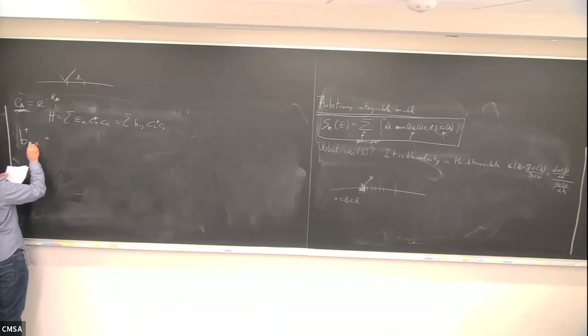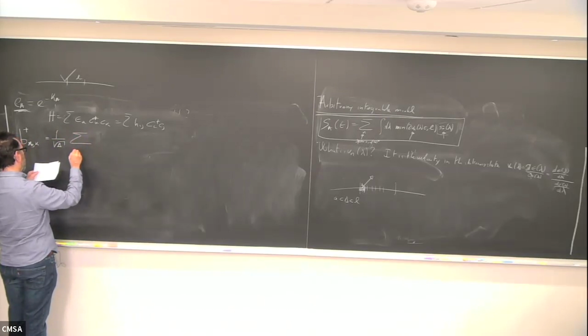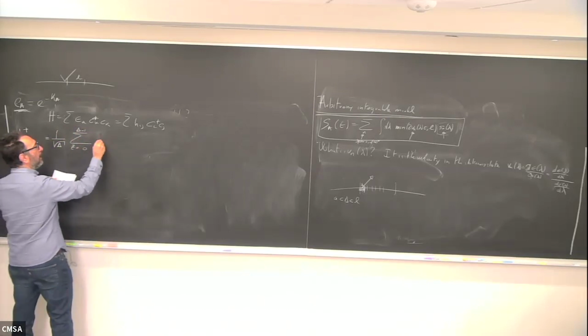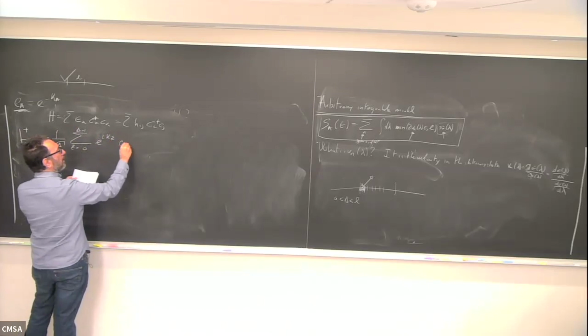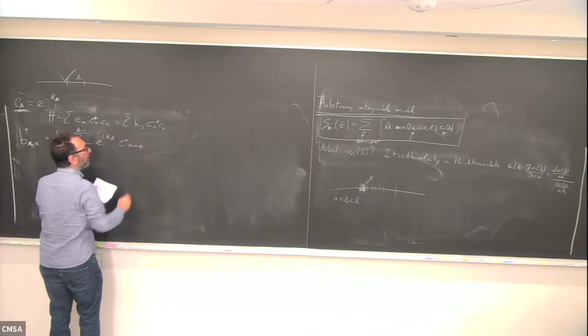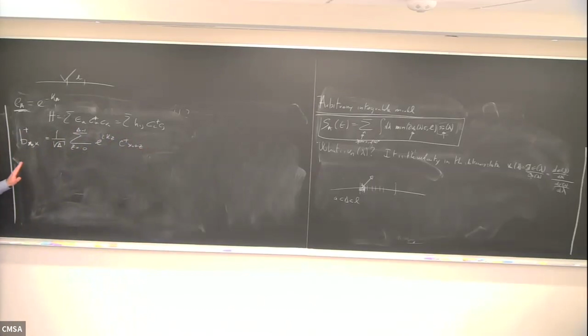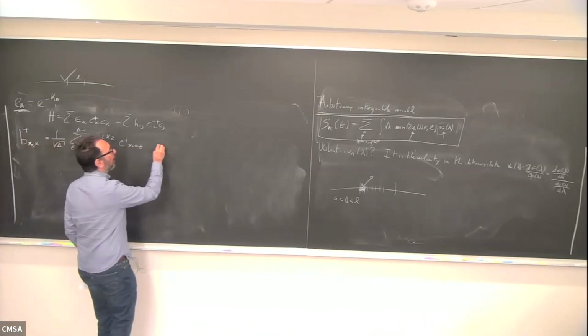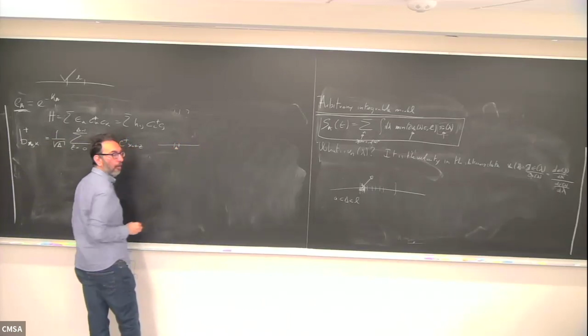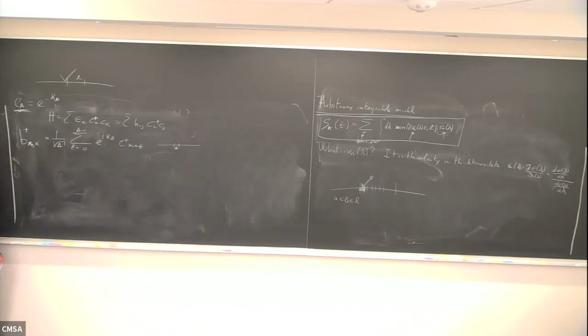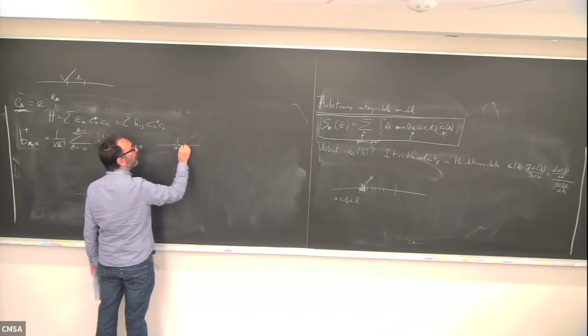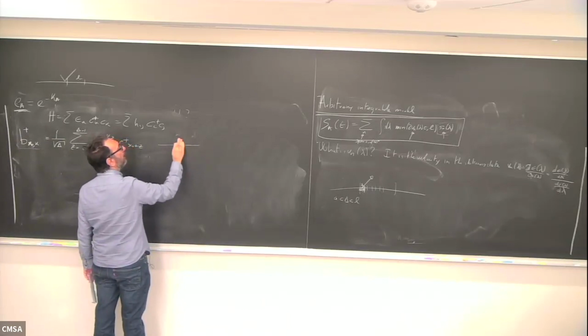Let me use x naught, with a 1 over square root of delta as normalization: the sum over z that goes from 0 to delta minus 1, e to the i k z, c dagger x0 plus z. What we are doing is taking, inside a little cell of length delta, the Fourier transform, to get a mode that will be at position x naught. Let's say x naught is at the beginning of this interval.